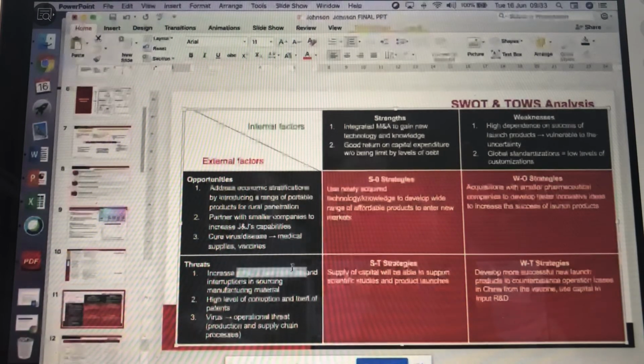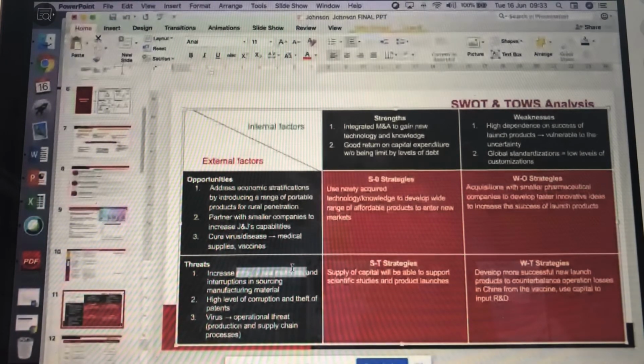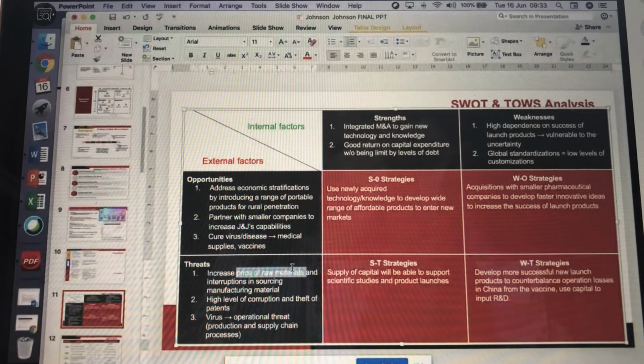In the pharmaceutical industry, it's very important. This case is about Johnson & Johnson. And it has shown that during a pandemic, there are potential supply shortages because a lot of raw materials are actually coming from China today, right?